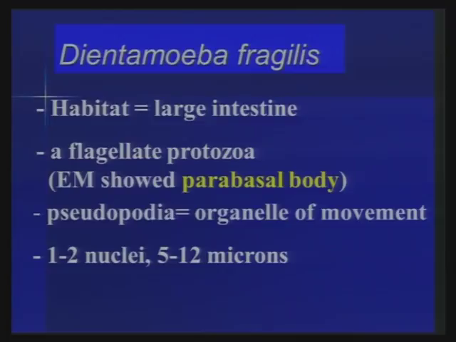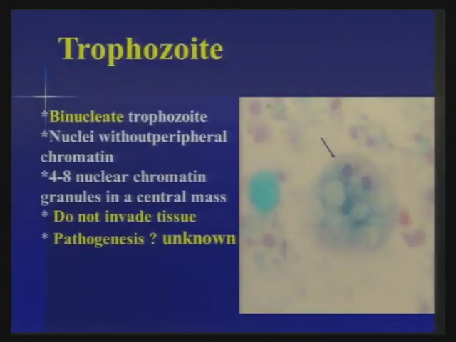But in detail, under the electron microscope, we saw a parabasal body. This is the organelle of the flagellate. So they changed it from amoeba to flagellate because of this organelle they found in the electron microscope. And the size is very small, 5 to 12 microns.